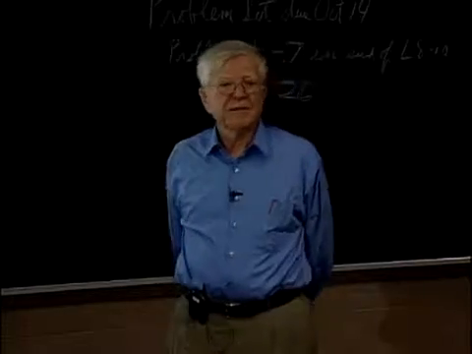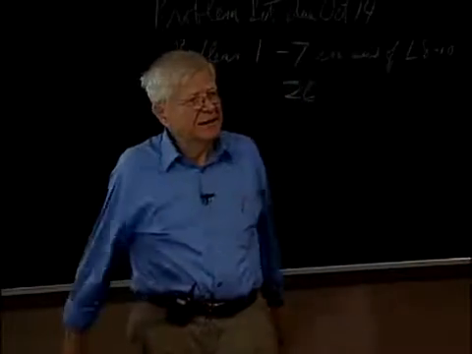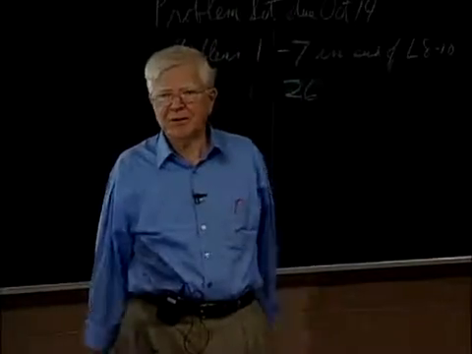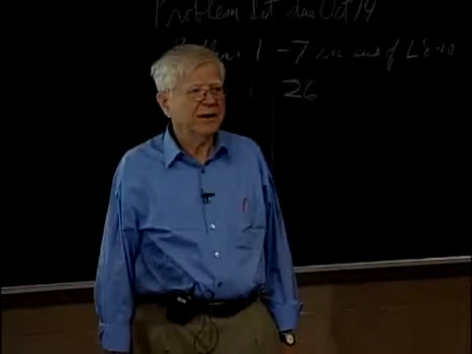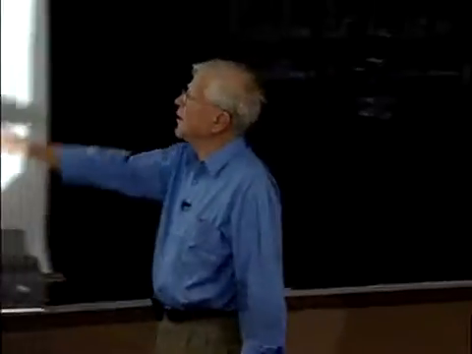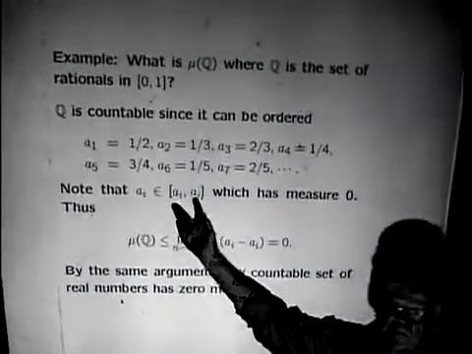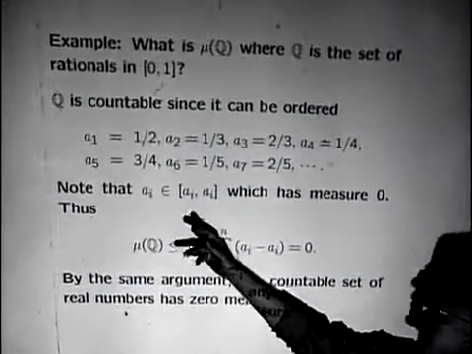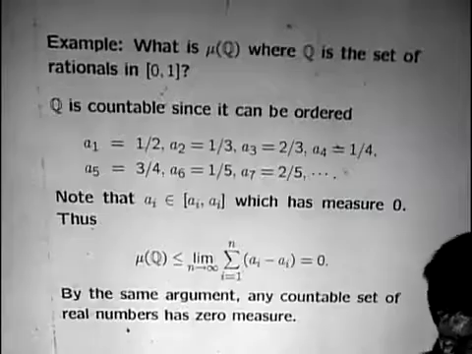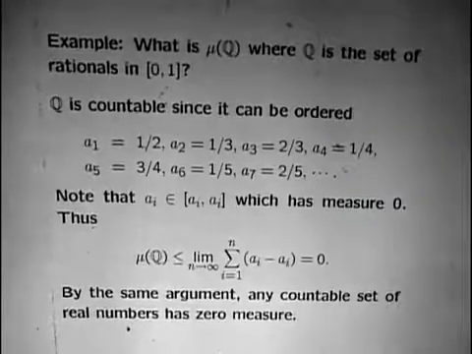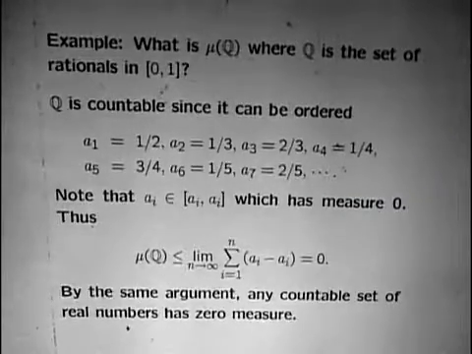Now, I want to stick this set inside of a set of intervals. And that's pretty easy. I stick A sub i inside of the closed interval, which is A sub i on one side and A sub i on the other side. So I'm sticking it inside of an interval which has 0 measure.